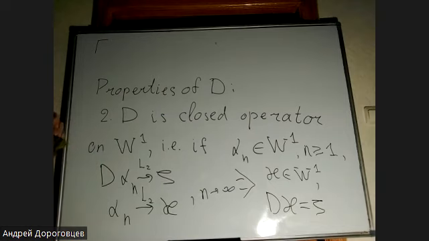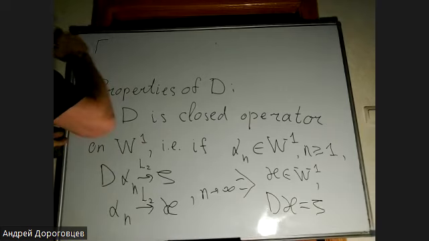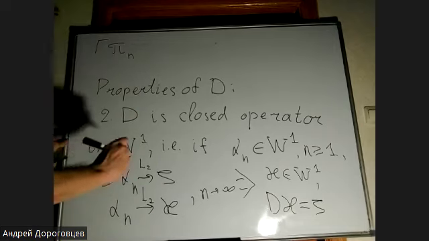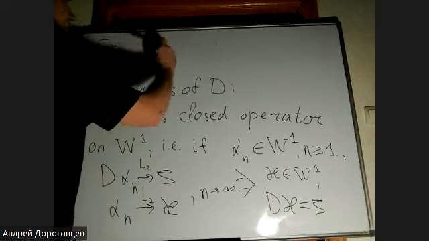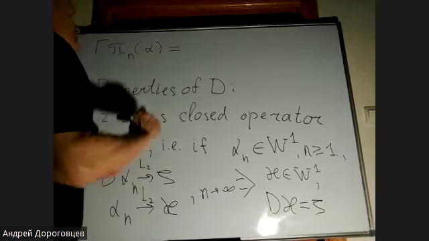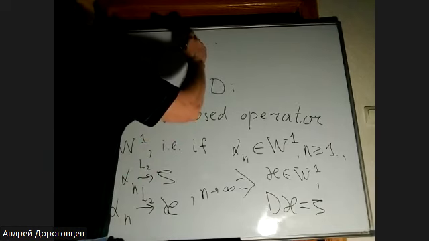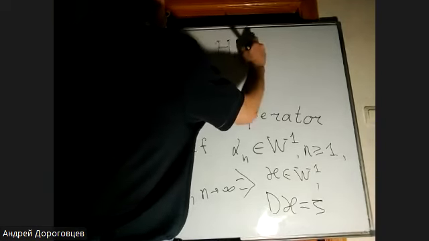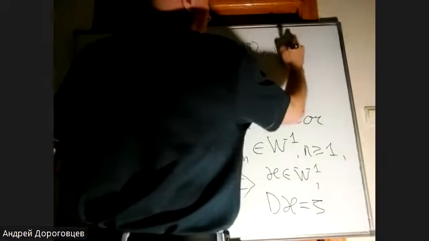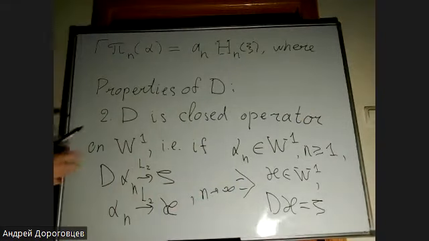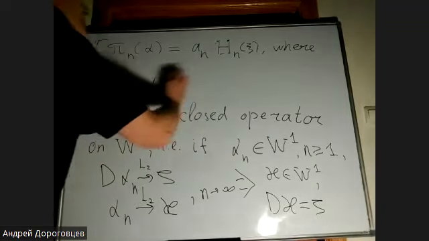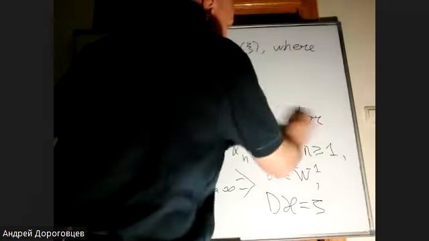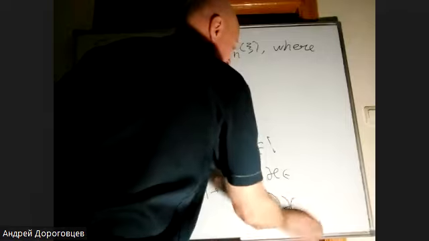We will use the formula. Define P_n of random variable α to be the coefficient a_n multiplied by h_n(ψ), taken from the orthogonal expansion of our random variable.